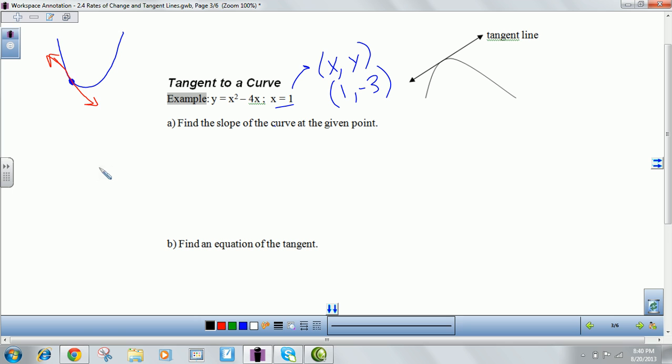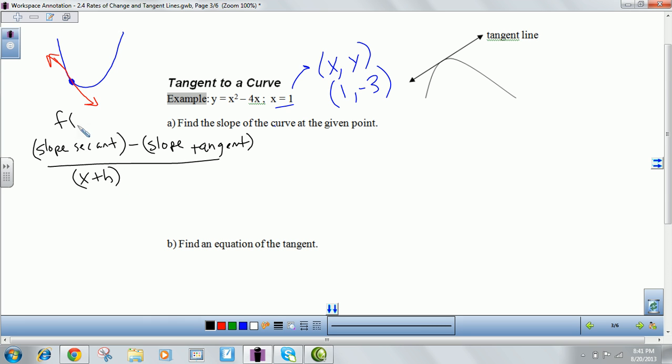And so it's going to be basically the slope of the secant line minus the slope of the tangent line, all over. Then you would have your x plus h, because remember this is the f of x plus h, and this is the f of x part.